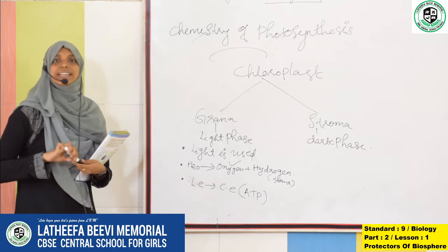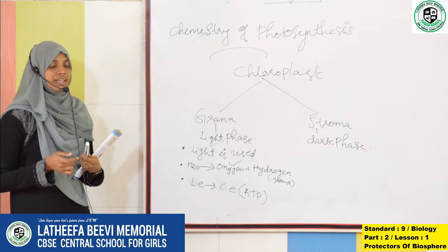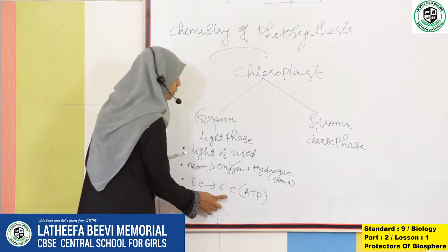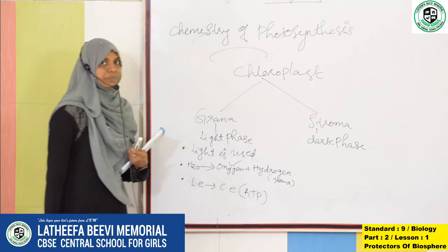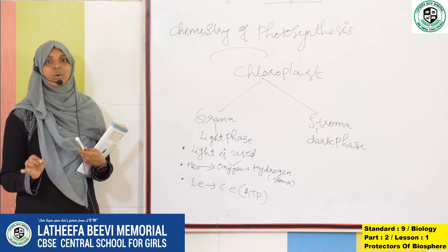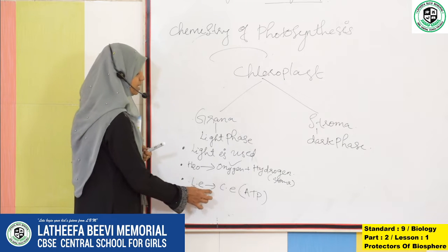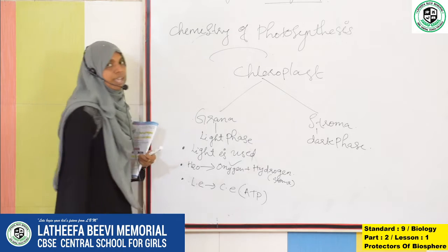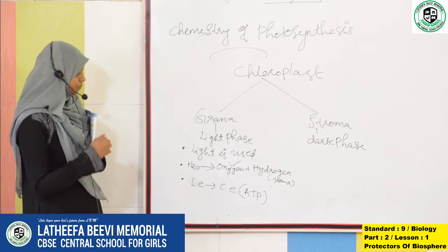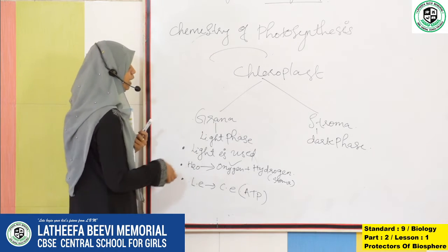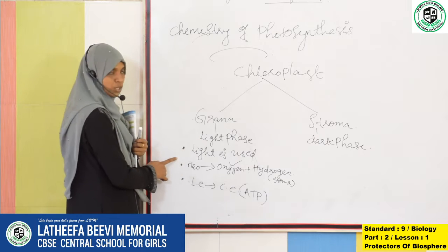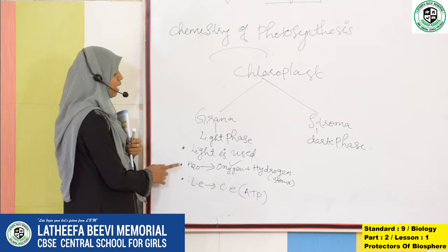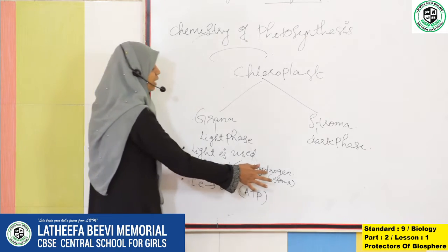In the light phase, light energy is converted into chemical energy, and the chemical energy is stored in ATP. So, what is the speciality of the light phase? Light is used and water splits into oxygen and hydrogen.